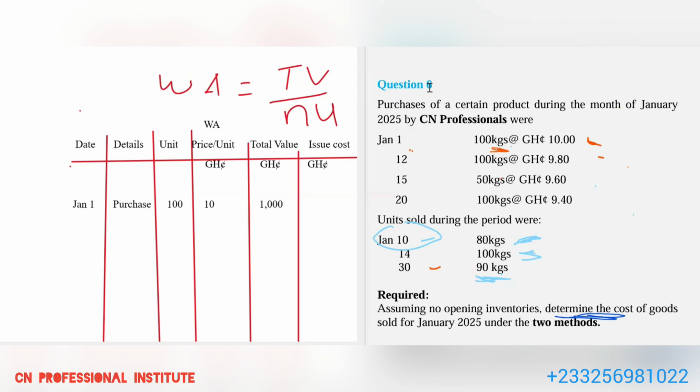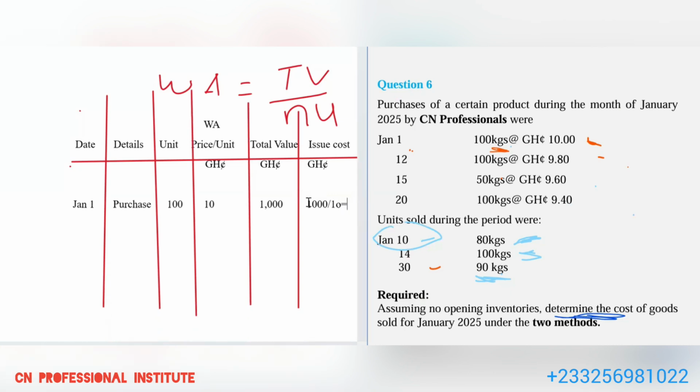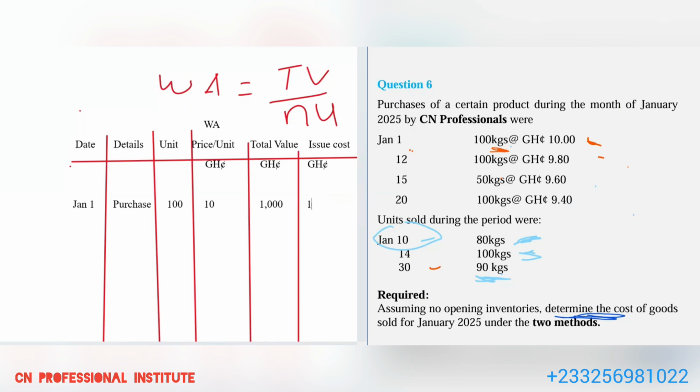So immediately before that, you have to compute the weighted average price, right? That's the cost of your issue. We issued 80 units, but we have to get the price. So to get the price, it will be the value, the 1,000, divided by how many units do we have? 100 units.